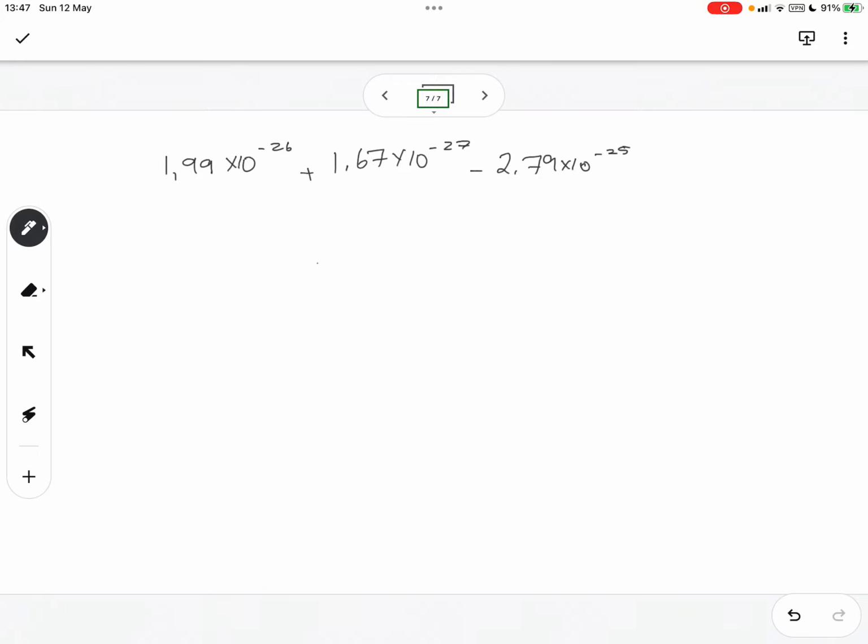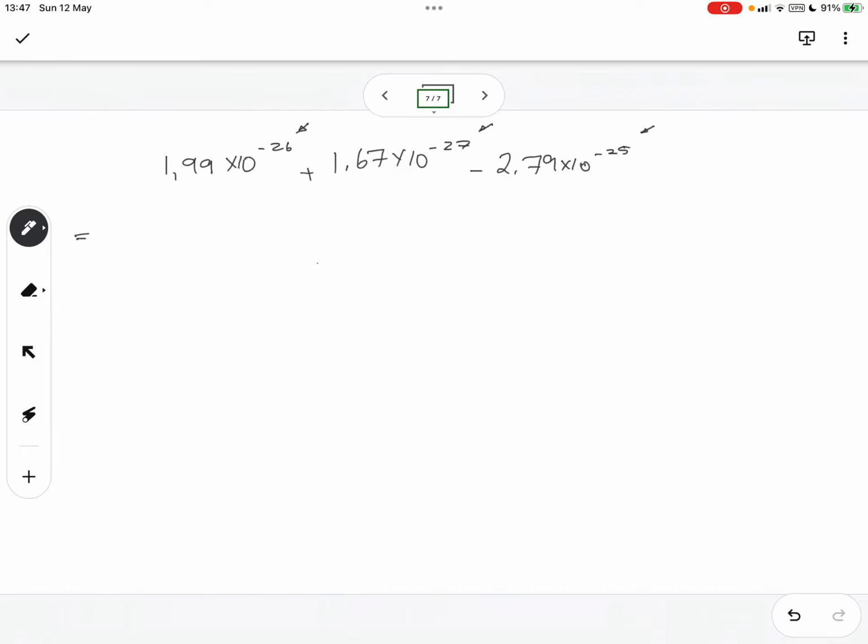We have to use a similar kind of thinking to add these scientific notation numbers. We can choose whether we want to work with exponent minus 26, minus 27, or minus 25, and we must make them all the same.